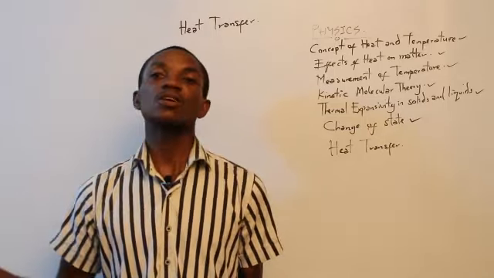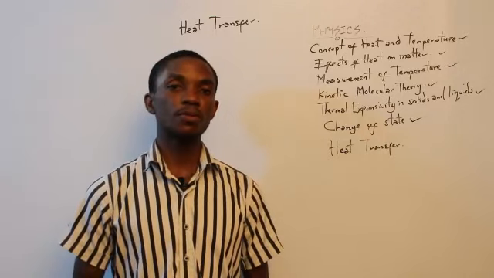In this topic, we talked about the concept of heat and temperature, and we discussed temperature as the degree of hotness or coldness of a body. We talked about heat as a form of energy which flows due to temperature change.